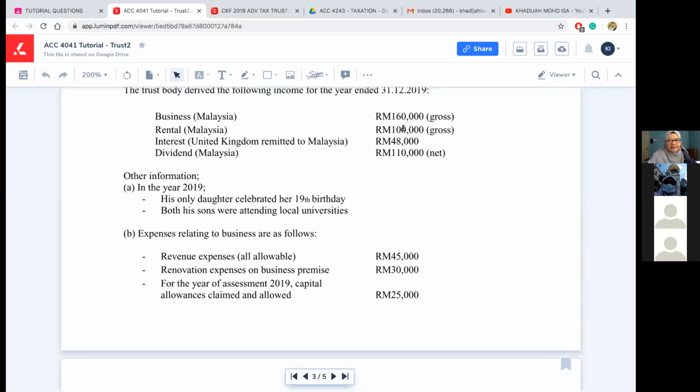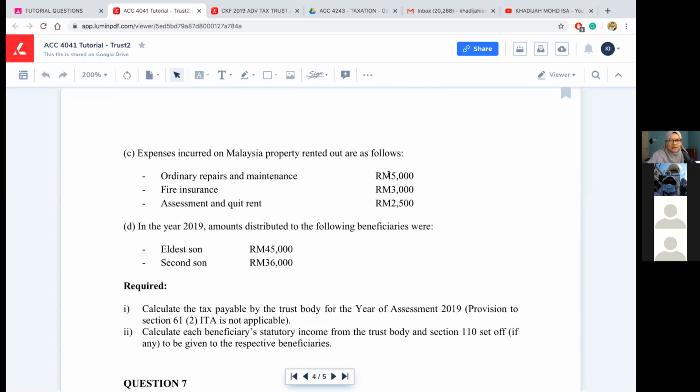Minus expense related to rental, all these three, which are ordinary. All these you can deduct in arriving at your adjusted rental income. So that's how your adjusted rental income should be 89,500. Then you have your aggregate income. How much is the annuity?